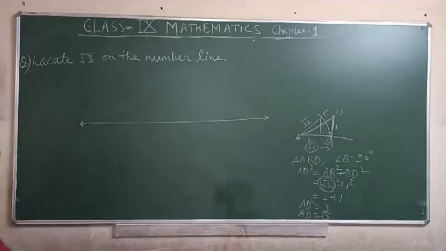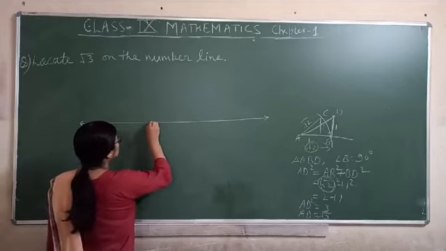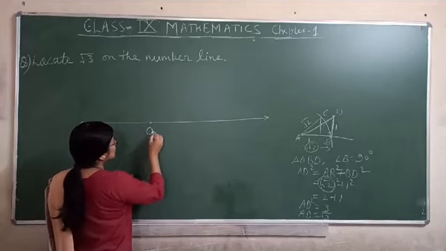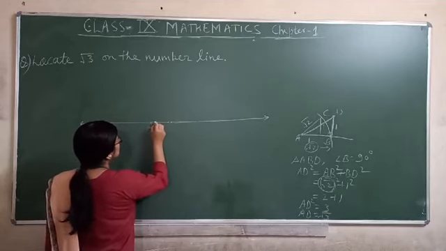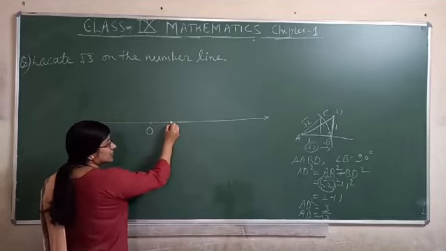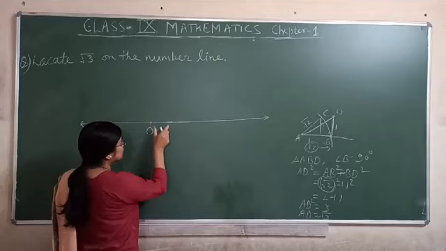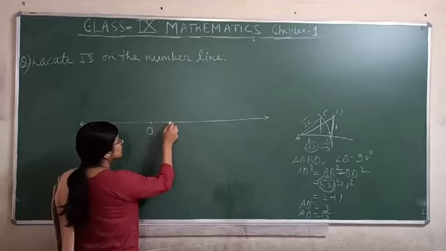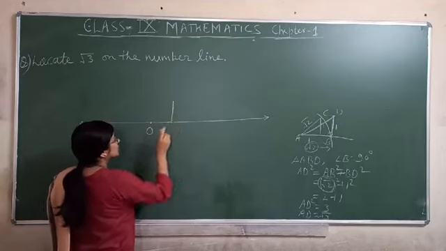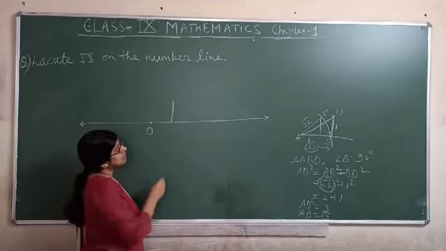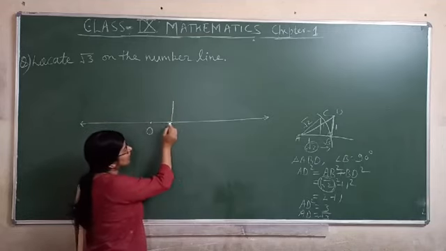Okay, so we are taking a point here, suppose this is O, and we are taking 1 centimeter like that. This should be exactly 1 centimeter. Generally we say 1 unit, but when you draw the line, you have to take 1 centimeter.